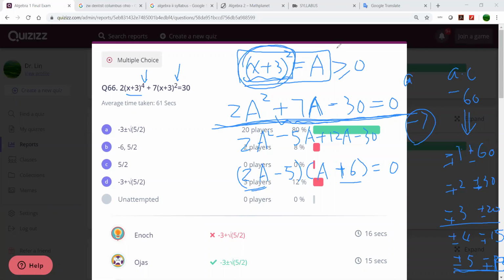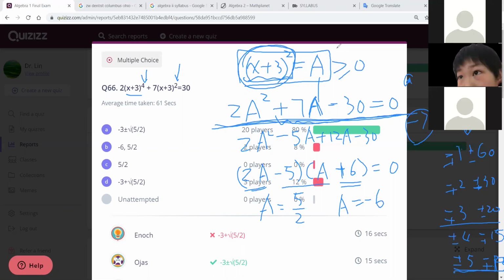So here you have the +12, -5. So you get 2A minus 5 times A plus 6. One of the results is 5/2. The other result is -6. We say A should be a positive number, so the only result is A equals 5/2.